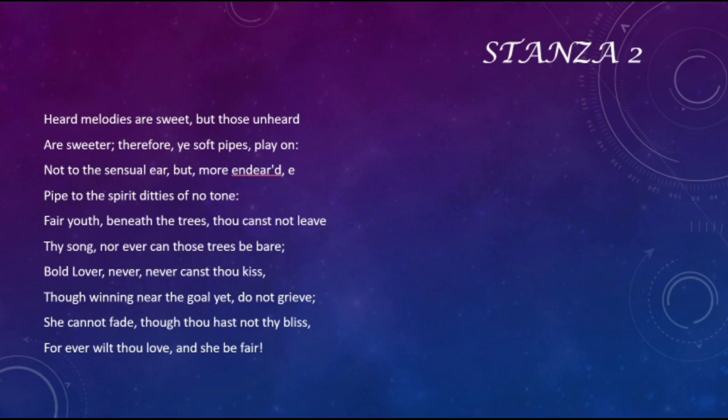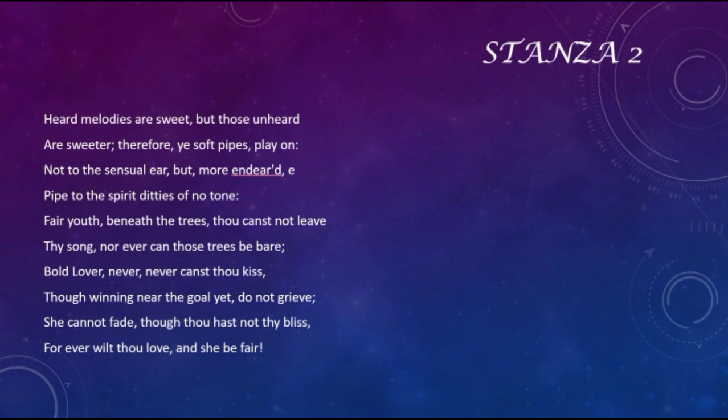So here is another picture of a young musician under the trees, who has not given up his song as earthly musicians have. It means he does not stop his music. He does not stop playing the instrument. The trees can never shed their leaves. In short, the music will never be stopped and the trees will never be leafless.